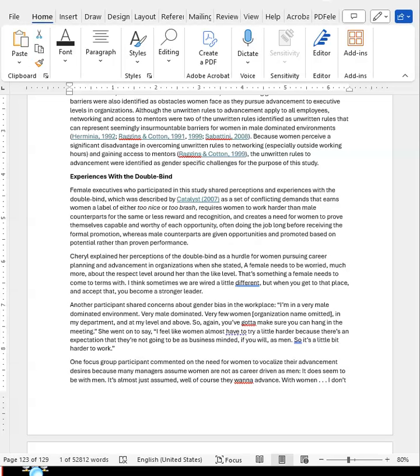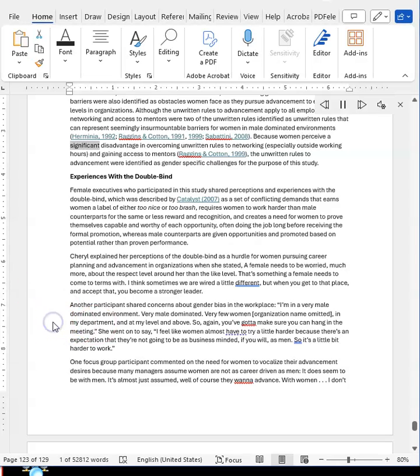Although the unwritten rules to advancement apply to all employees, networking and access to mentors were two of the unwritten rules that can represent seemingly insurmountable barriers for women in male-dominated environments. Herminia, 1992, Ragins and Cotton, 1991, 1999, Sabatini, 2008.